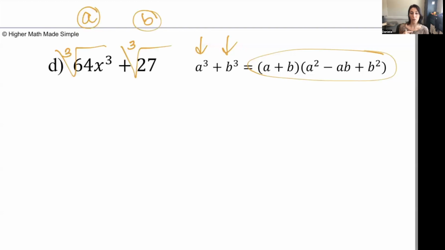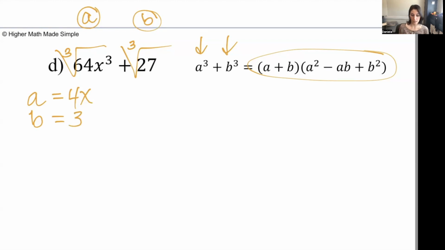Now you're asking yourself what times itself 3 times gives me 64x to the third. So what is the cube root of 64? That's 4. So 4 times 4 times 4. And then the cube root of x to the third is x. x times x times x. B is going to be the cube root of 27. That's 3. 3 times 3 times 3 is 27.